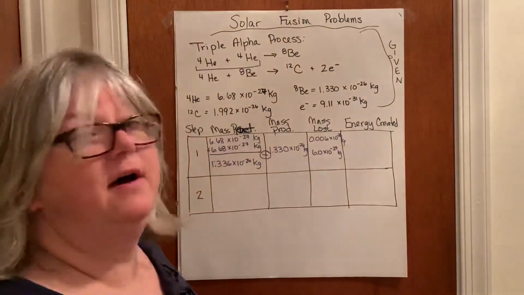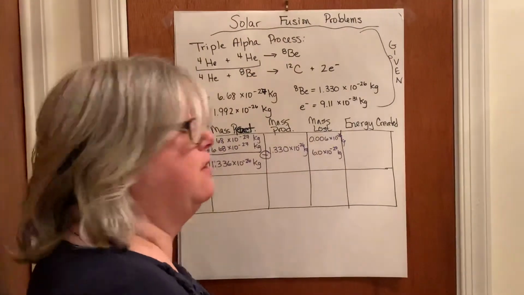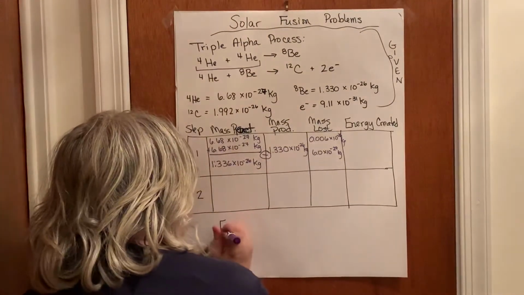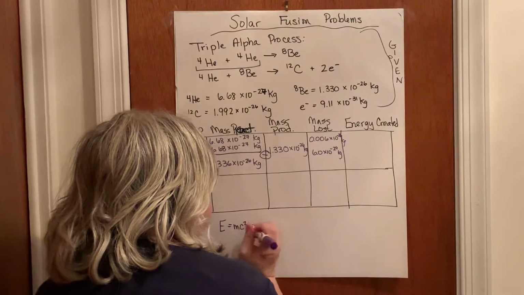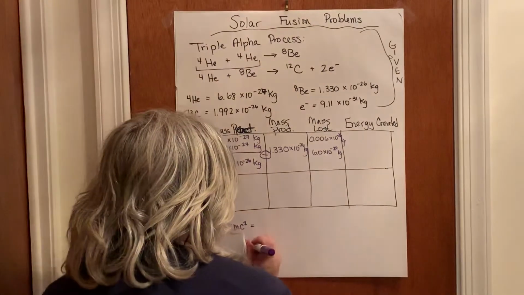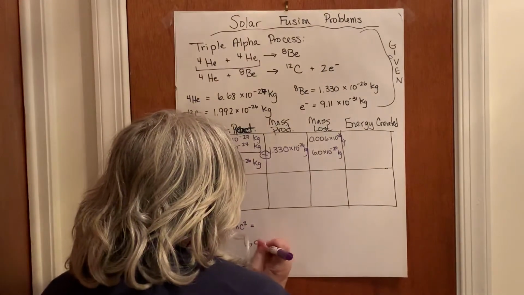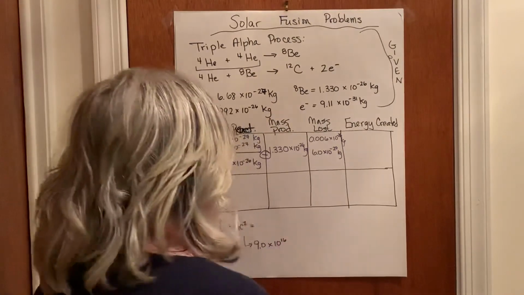I'm now going to find the energy that was created. To find the energy created, I'm going to use Einstein's famous equation, E equals mc squared. c squared is 9.0 times 10 to the 16th.